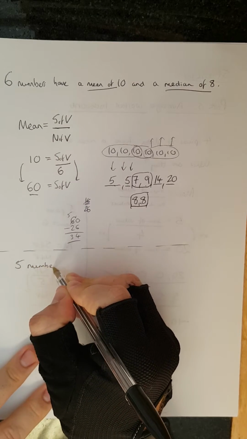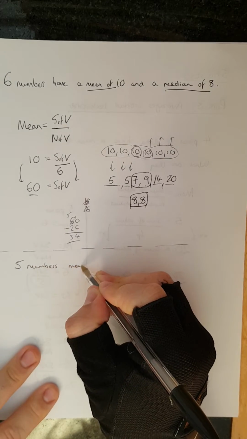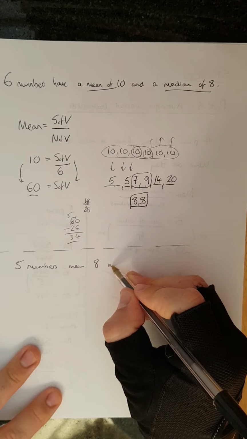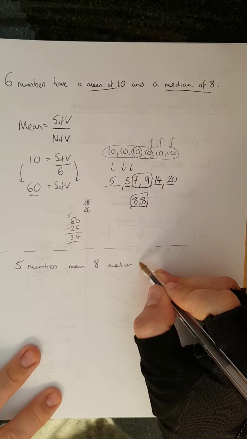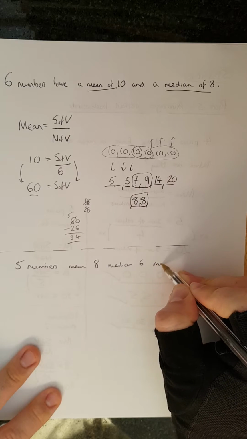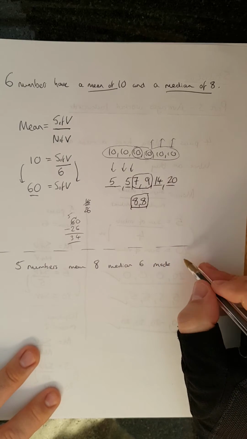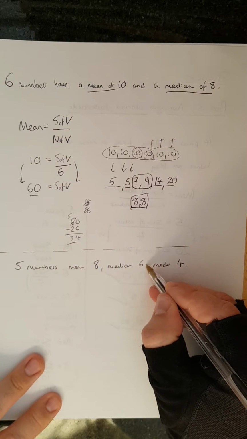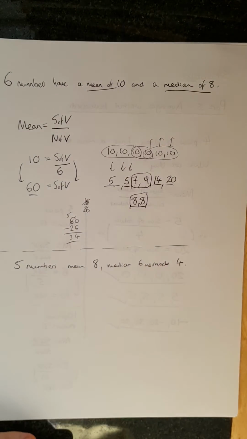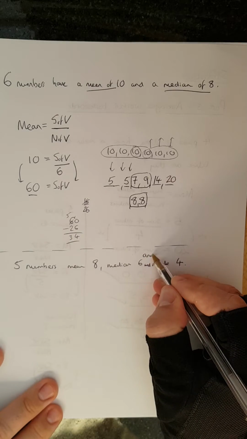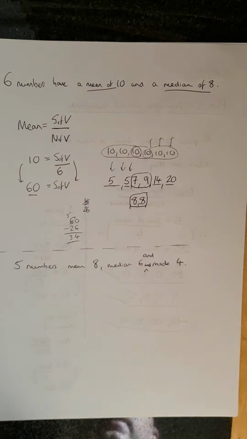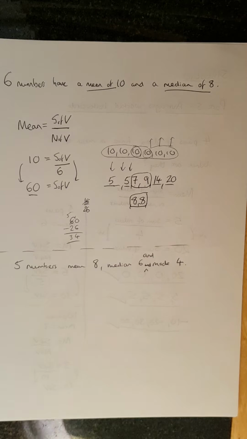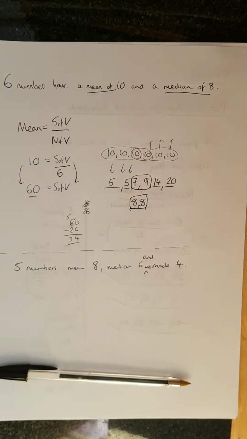I've got 5 numbers now, with a mean of 8, a median of 6, and a mode of 4. So, let's go through the process and see what happens now. Pause the video and have a go yourself before we try it together.